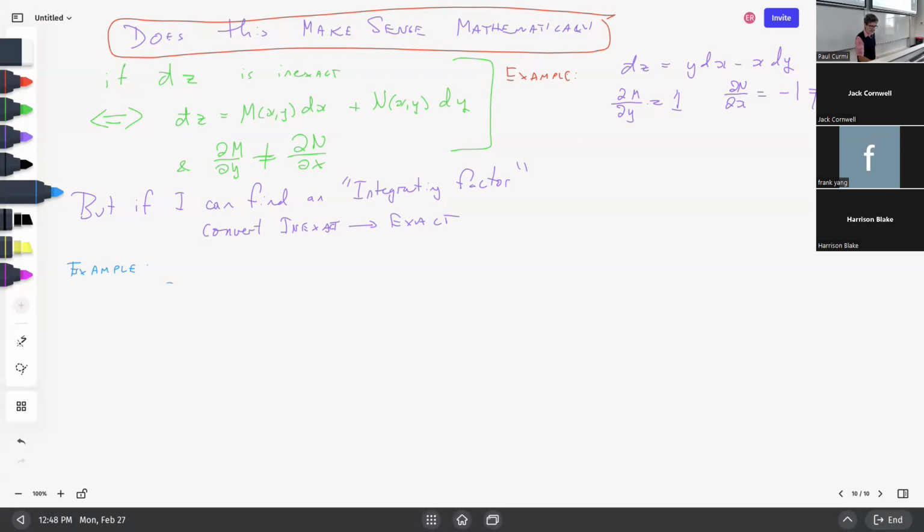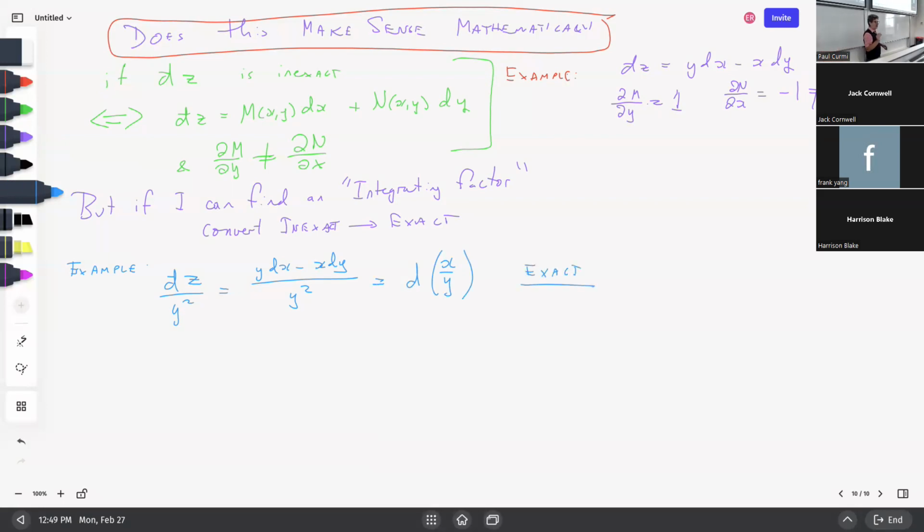So if I take d bar z and divide it by y squared, then I get y dx minus x dy over y squared. But this is just an exact differential, d(x/y). Okay? It's exact.